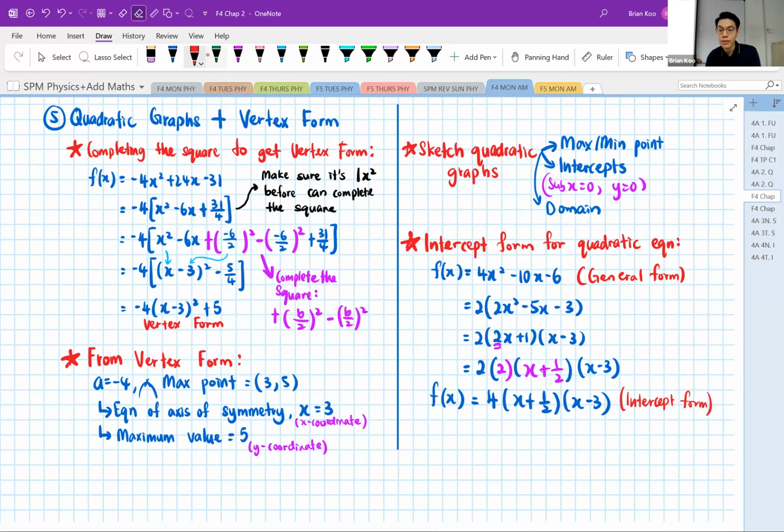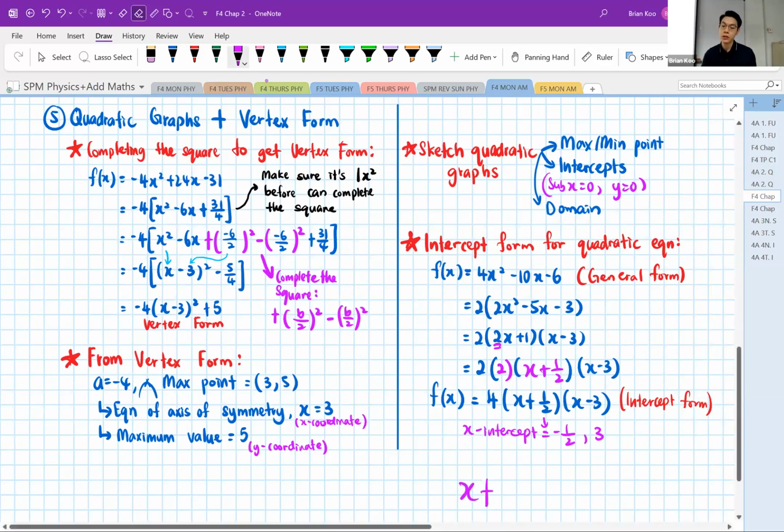It is called intercept form because you can get your x-intercept straight away. Your x-intercepts are -1/2 and +3. Remember, the thing in the bracket equals 0, so x is -1/2 and x is 3.